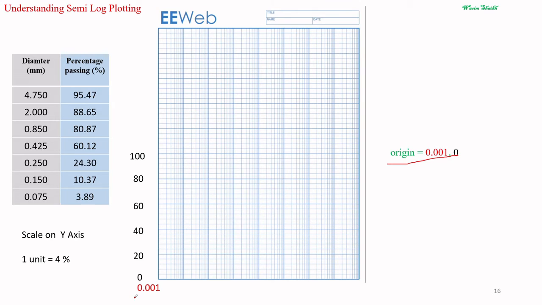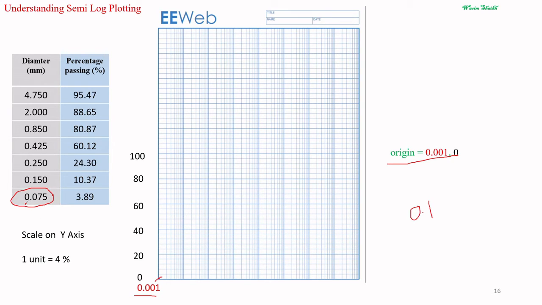Now, why am I taking this first origin value as 0.001? Why am I not taking 1, or 0.01? Because to decide that, first look at the smallest diameter in your table, that is 0.075. Let's say for the sake of argument, if I take the first value as 0.1, in that case, I will not be able to plot this value.